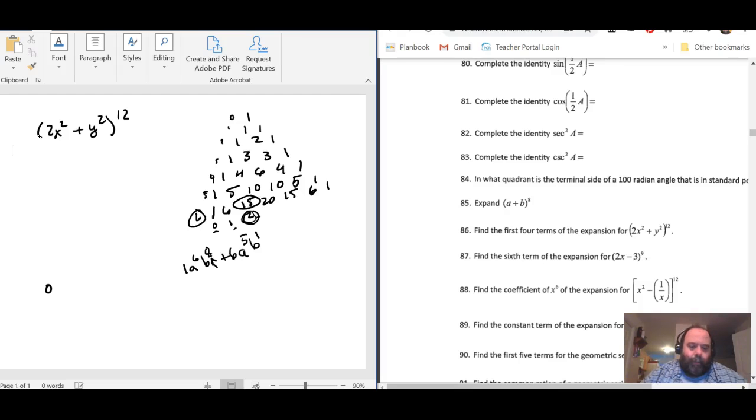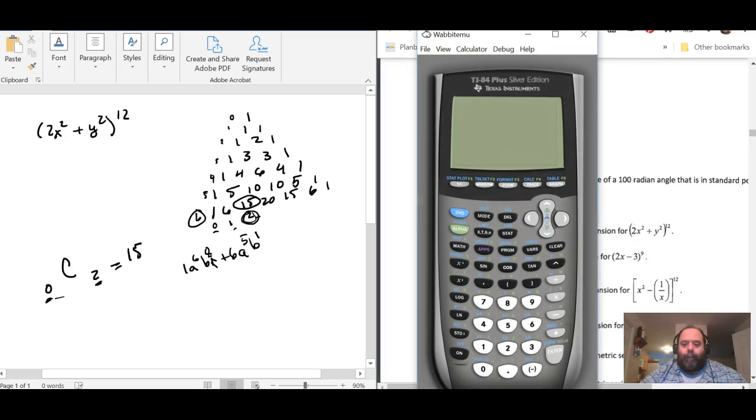So 0 and 2. And I want an operator that's going to hook up those numbers together and give me a 15. The operator that works here is what we call the combination operator, or the choose operator. This has something to do with permutations and combinations. Fortunately for us, under math probability on your calculator, option number 3 is that nCr option.